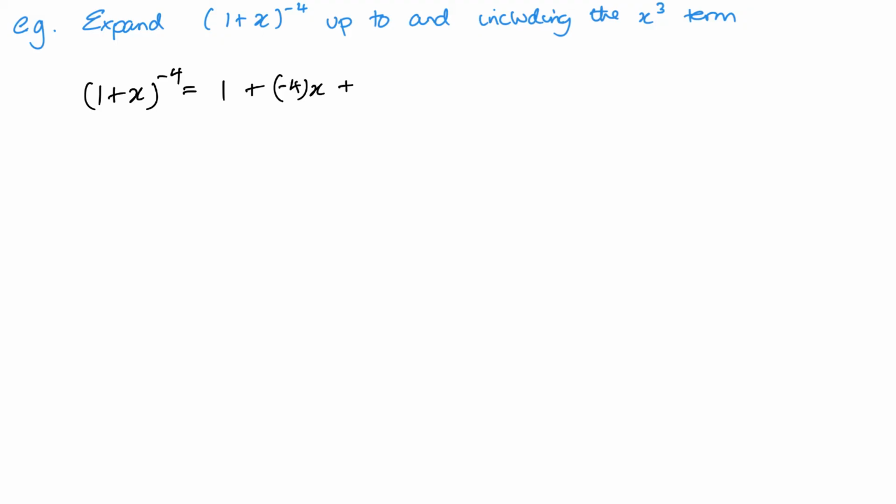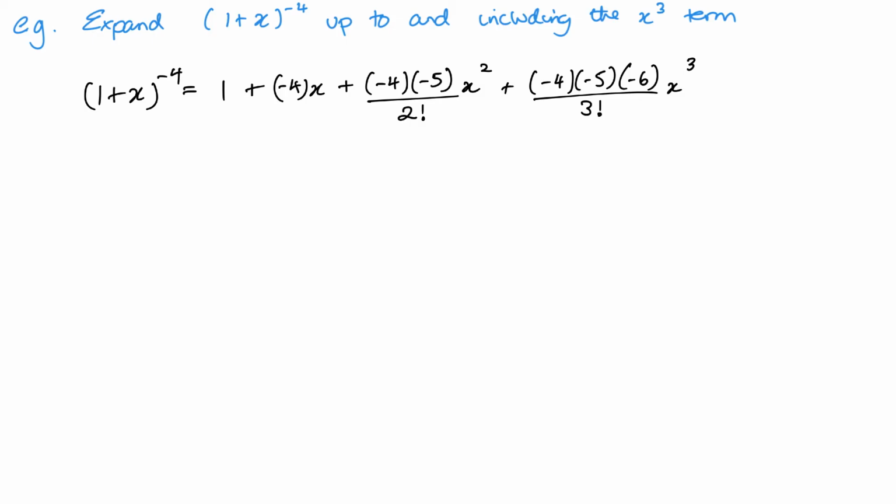Now, my next term is n minus 1. So I'm taking 1 away, over 2 factorial x squared. And then my next term, n minus 1, n minus 2 over 3 factorial x cubed. And that's as far as I need to go there.